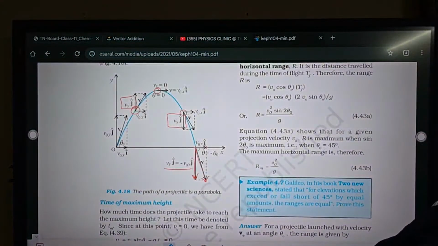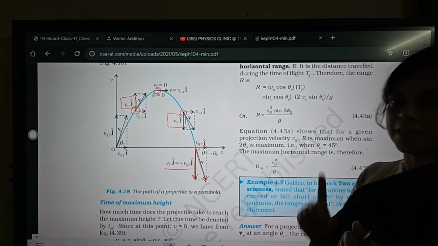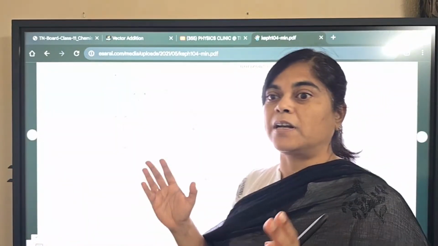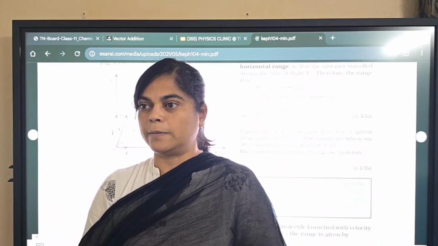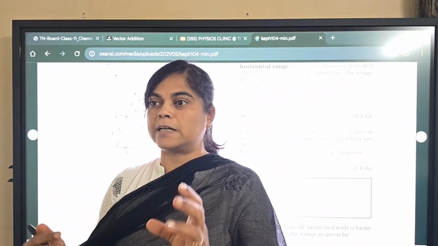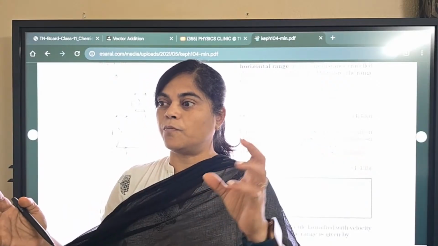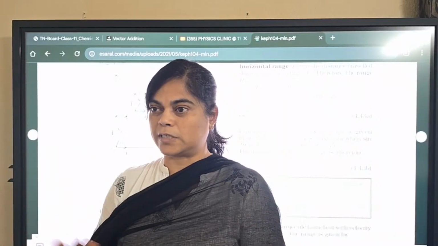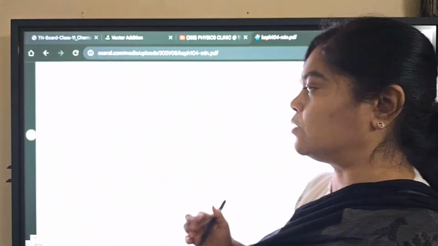Okay, then we'll see maximum height, time of maximum height. So in the first case, what did you see? You showed that the path of a projectile is a parabola by eliminating t. So you constructed an equation of the form y is equal to ax plus bx square. Like that you have derived an equation.